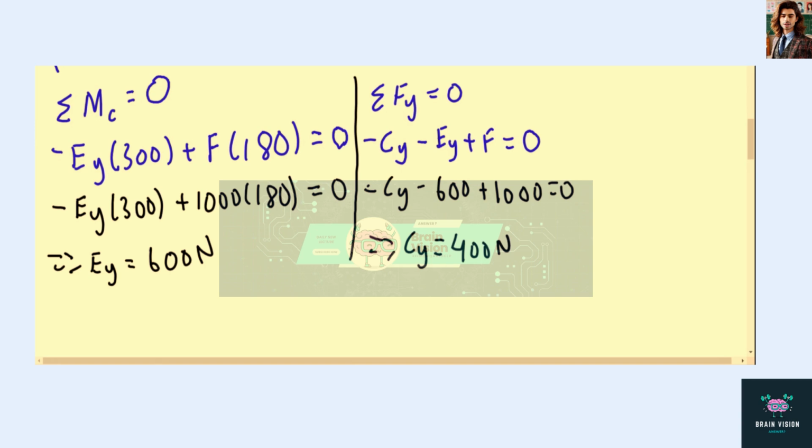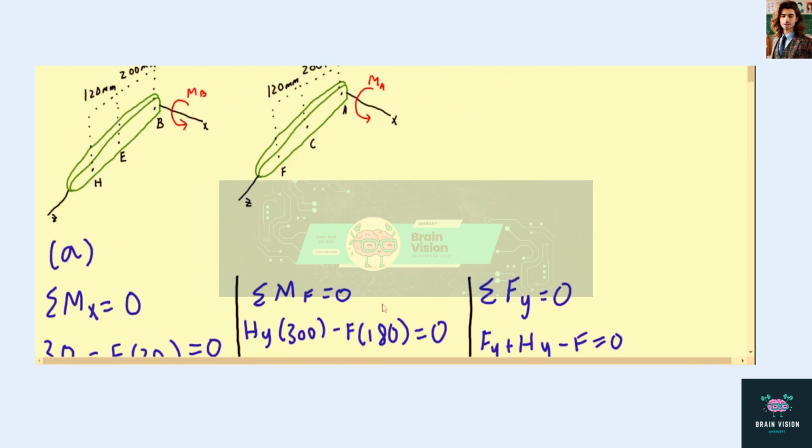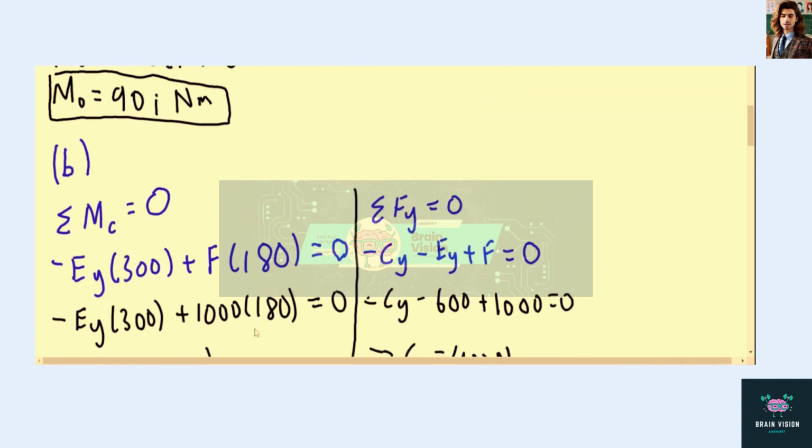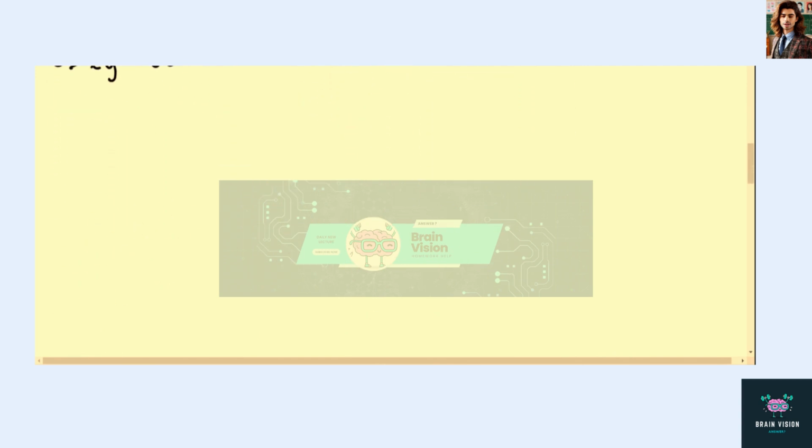So we're now going to focus on the arm ACF. Using that arm, we're going to write that the sum of forces in the y direction is equal to 0.